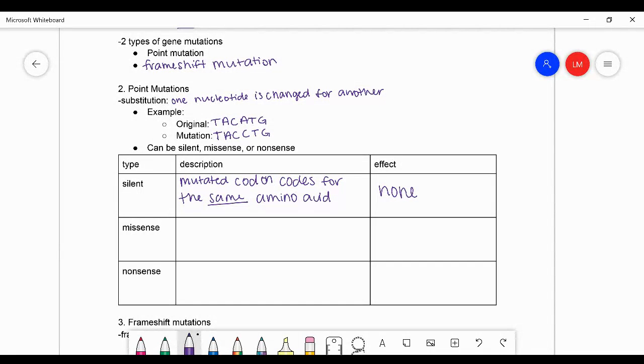With a missense mutation, the mutated codon codes for a different amino acid.